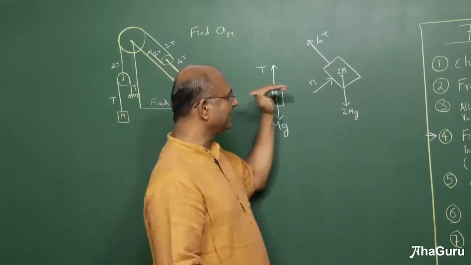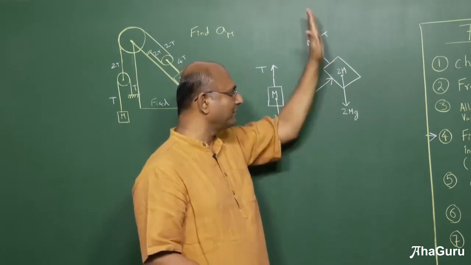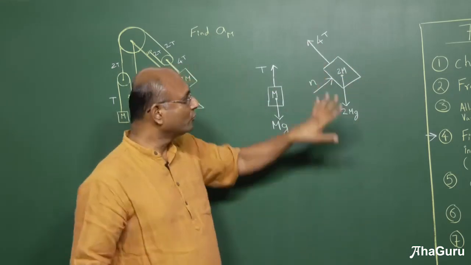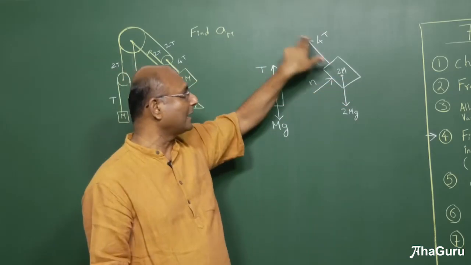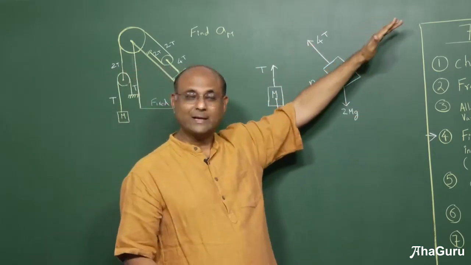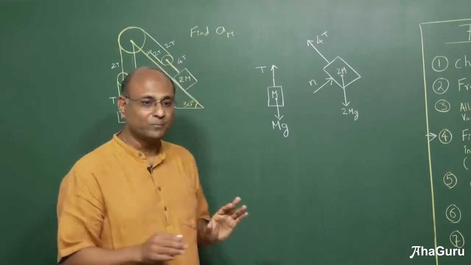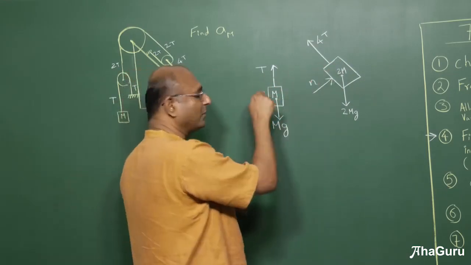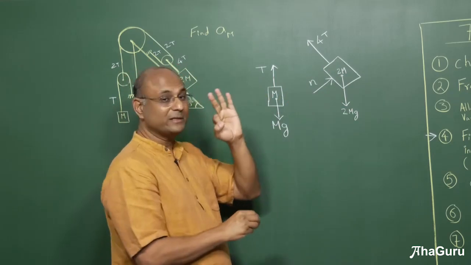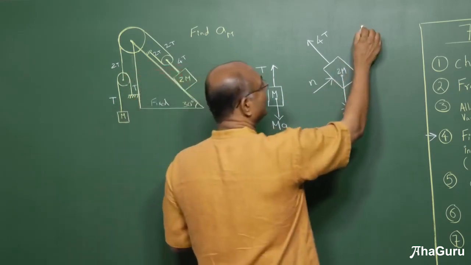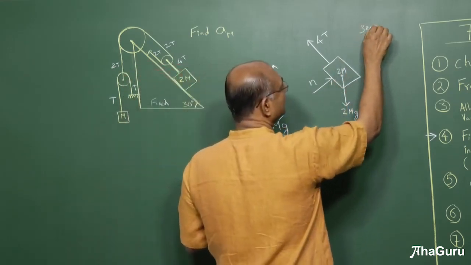One along the horizontal and one along the vertical, right? So horizontal, vertical, you will get two equations. Whether you take it along the incline and perpendicular to the incline, or vertical and horizontal, doesn't matter, that's up to you. So you'll get two equations here and one equation there. So you're going to get totally three equations.